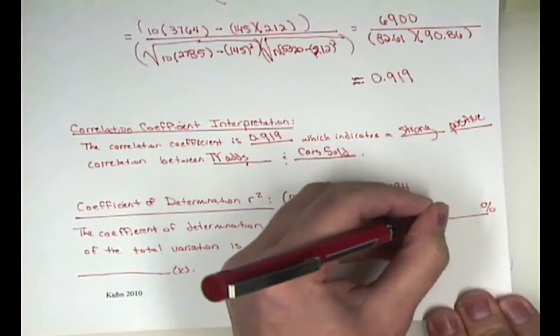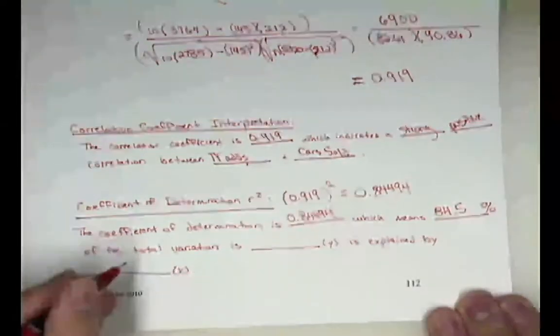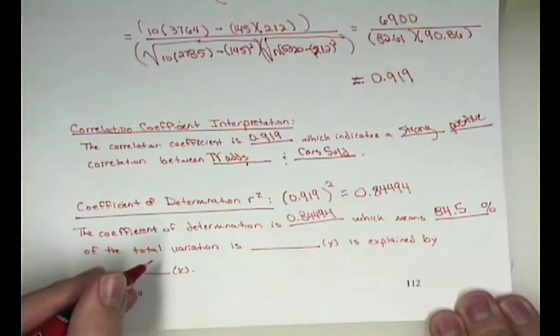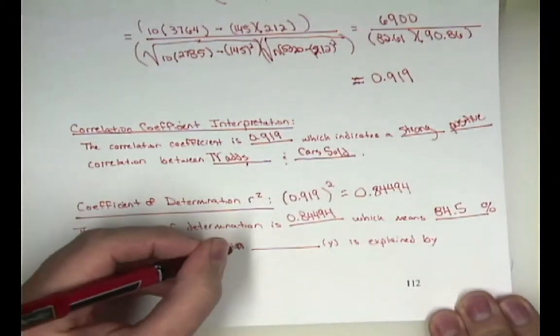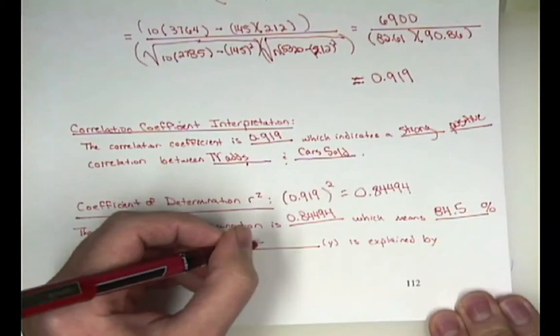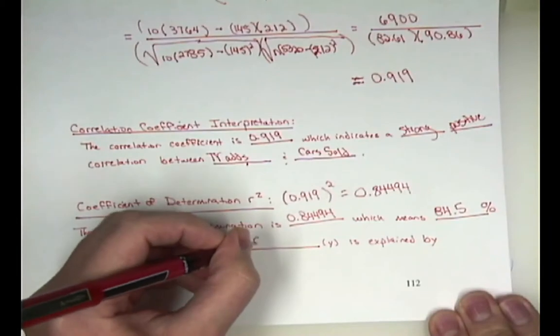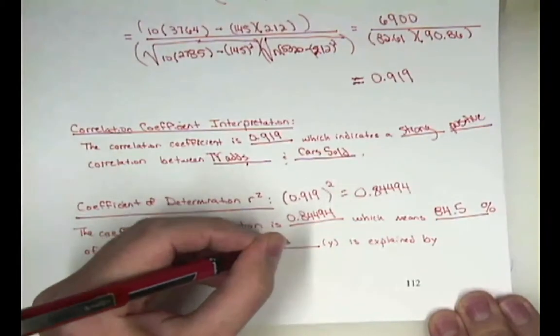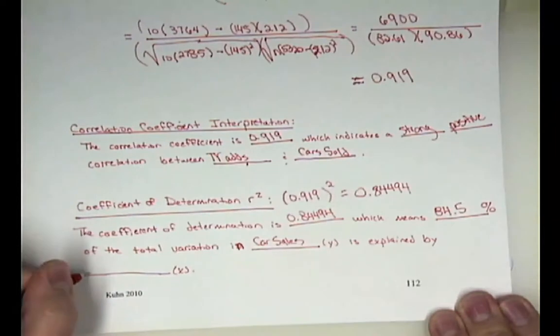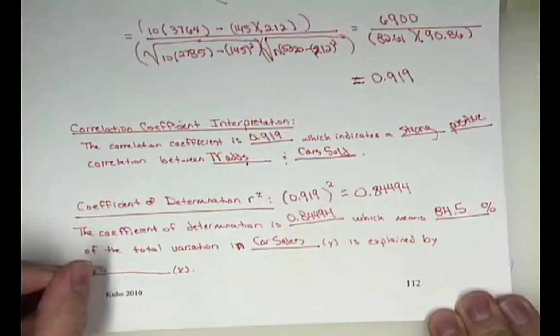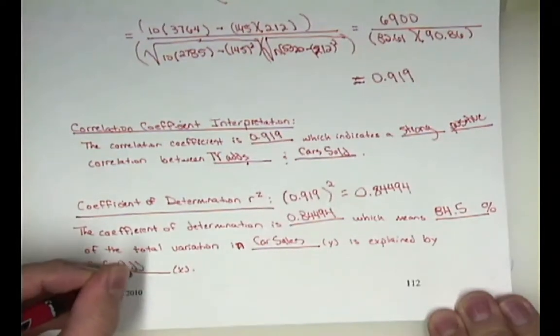So this would be 84.5% of the total variation in your y variable, which is car sales, is explained by your x variable, which is number of ads.